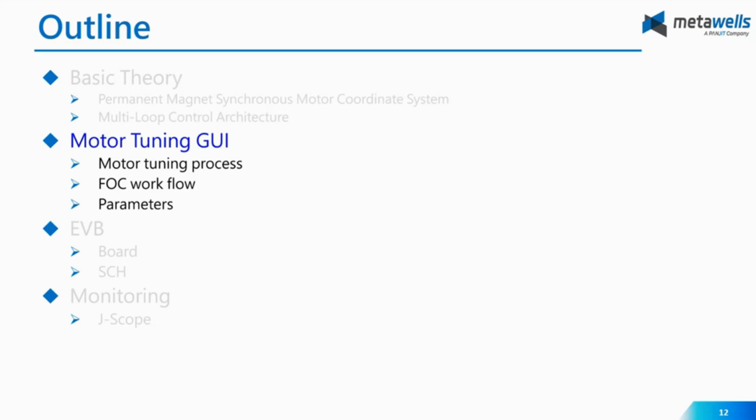This is a very important concept in the FOC control domain. In summary, the motor tuning GUI streamlines the tuning process of FOC and enhances control accuracy. So proper parameter setting drives success. Let's dive into the hands-on example next.